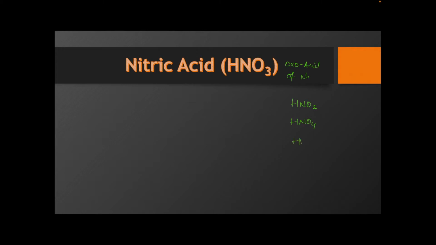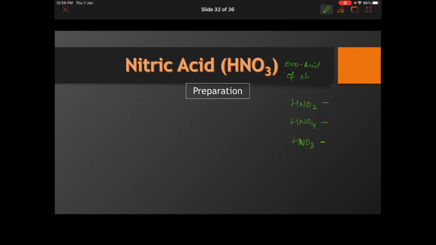HNO3, the most important one, is known as nitric acid. So these are some important oxo acids of nitrogen, out of which HNO3 is the most important.